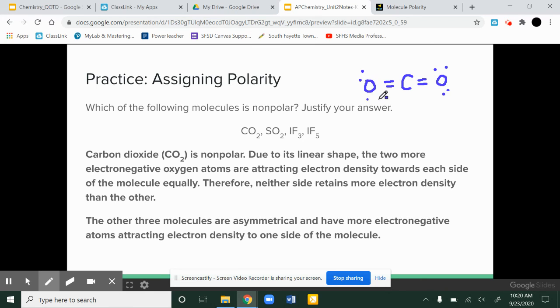So therefore, based on its shape, its electron density is going to be evenly distributed throughout the molecule, and it's going to be nonpolar. The other molecules have asymmetric shapes. You draw the Lewis structures for SO2 and IF3 and IF5. Each one of those molecules is going to have electron pairs, which shift the geometry of the molecule in such a way that it's going to be asymmetrical in some way.